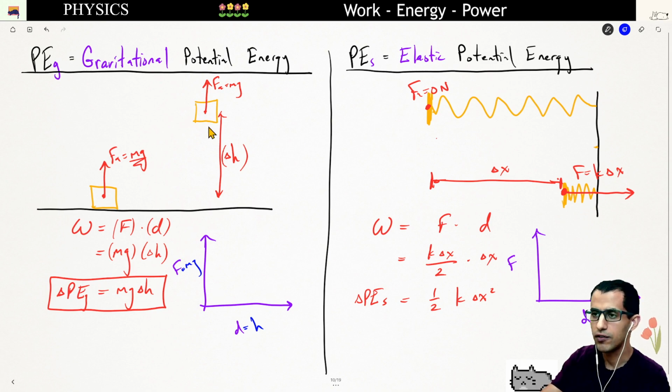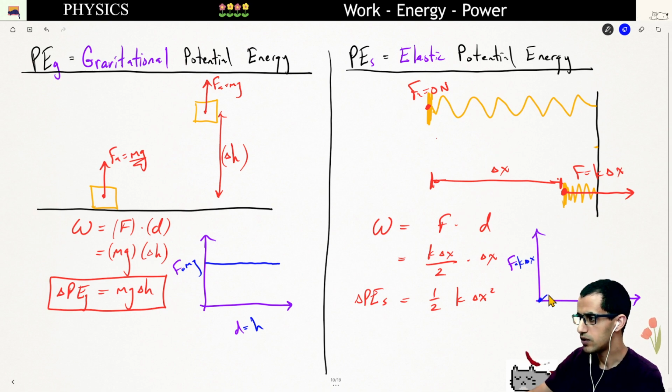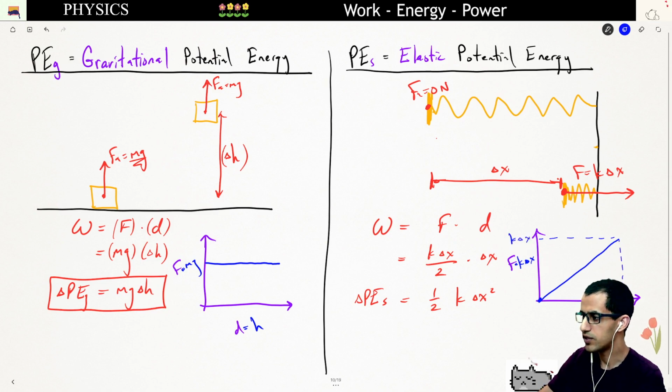And because here the force is constant, I can just draw a horizontal line to represent the force. On the spring side, the force is k delta x, and the displacement is delta x. But here it's not a constant force. It starts at 0 and it goes up to that maximum value k delta x here. And the compression is equal to delta x.